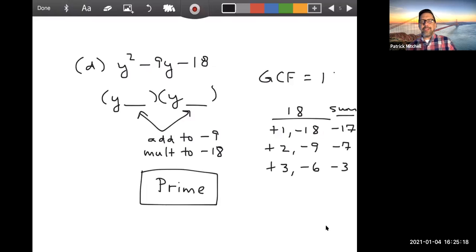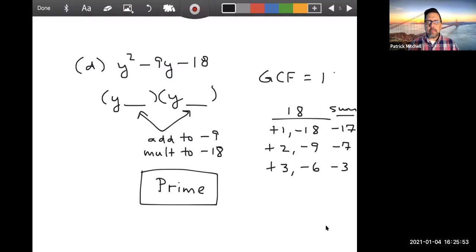All right, so when I'm talking to a face-to-face class, and now I'm going to say this to you, I have a few words of caution about what you should do before you tell me that a polynomial is prime. I'm going to be looking at your written work, not always, but sometimes. You should show me something like this, like what you're looking at right now. Show me everything that you tried before you decided that the polynomial was prime, because I love to find partial credit for you.